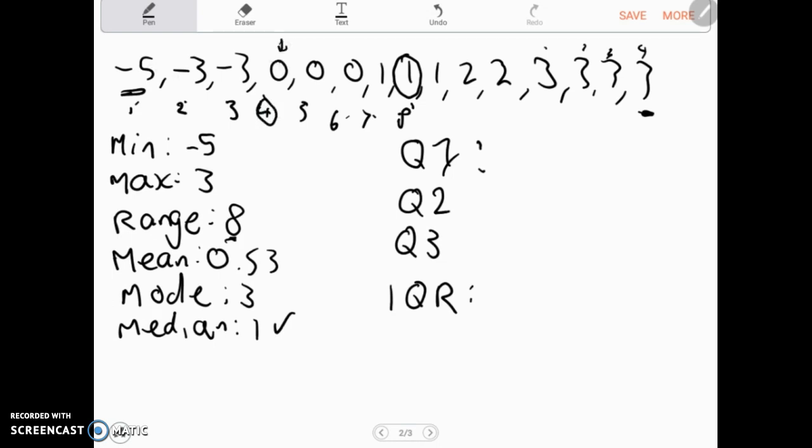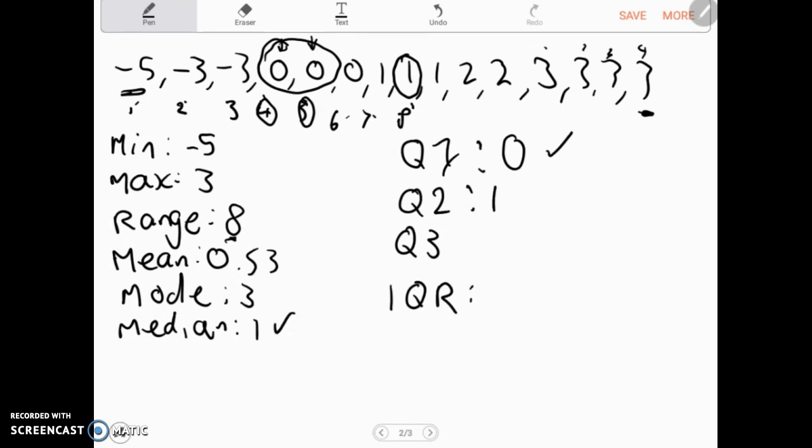And because there's an even number, we have our other one, which is here, 5, so it's 4 and 5. And we need to find the average between these two values. So 0 plus 0 divided by 2 is 0, so Q1 is 0. And we can just double check that. 1, 2, 3 on that side, 1, 2, 3 on the other, so we're good. Boom. So Q2, well, we already know Q2 because it's the same as the median, which is 1.